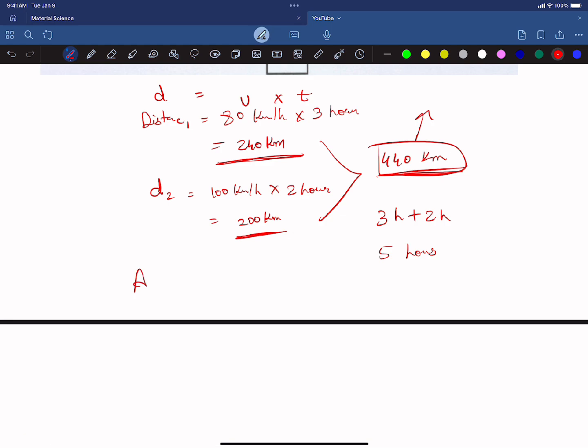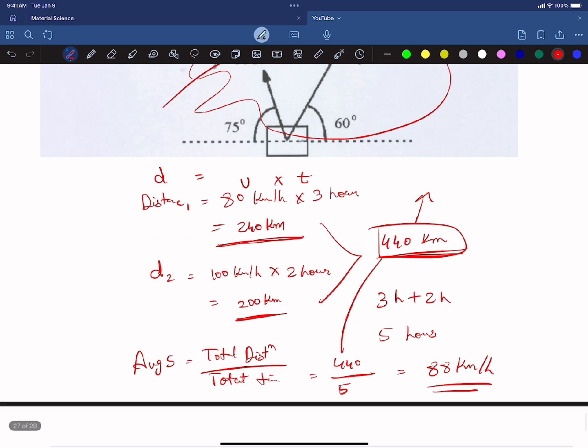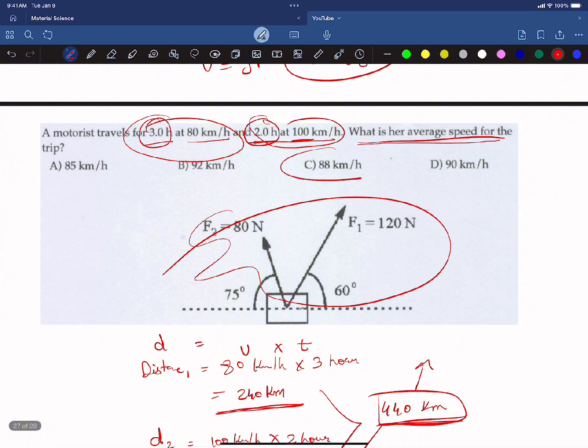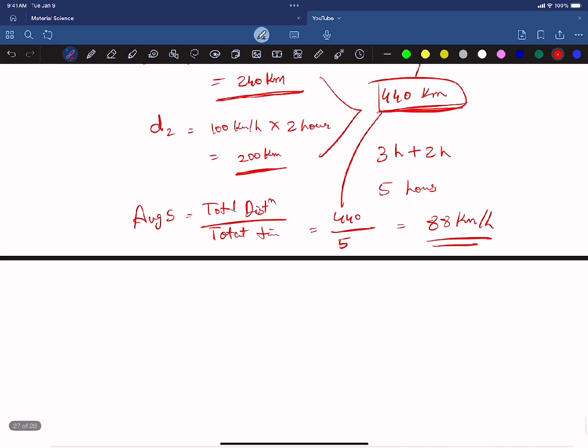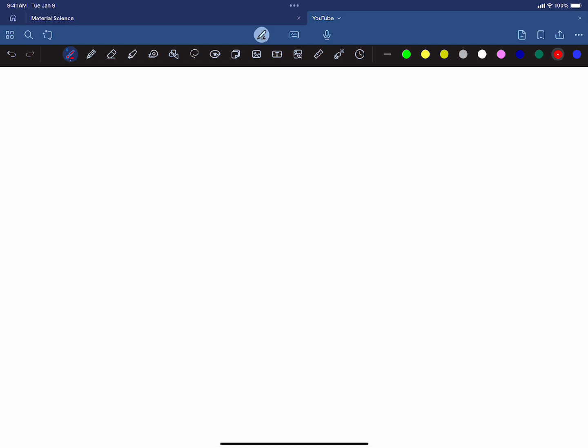So average speed is equal to total distance upon total time. So this is our total distance, 440, upon total time, 5. So average speed will be 88 km per hour. This is our answer, 88 km per hour, C. Let's move on to the second question.